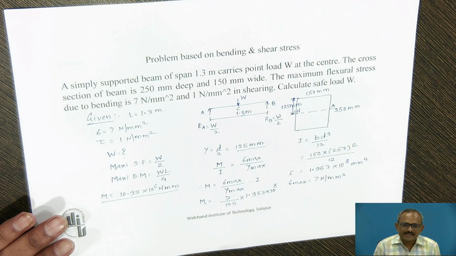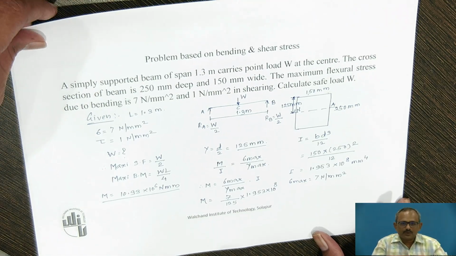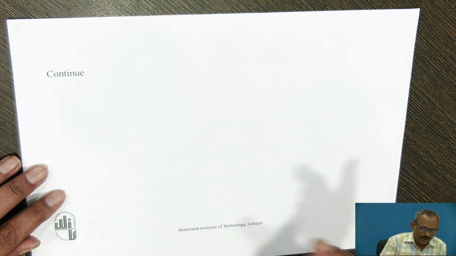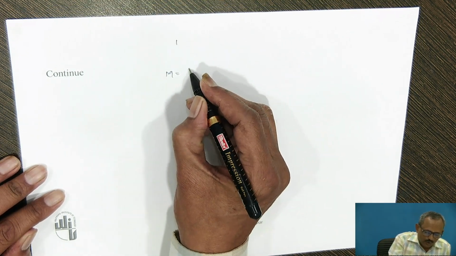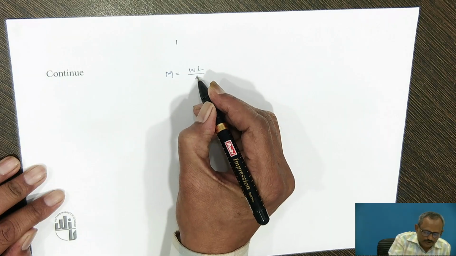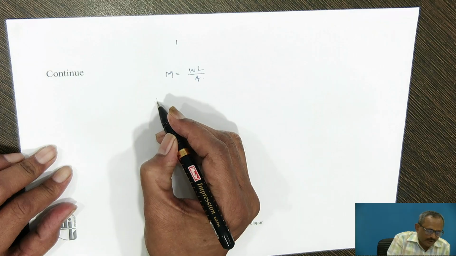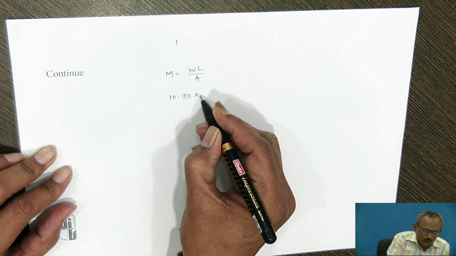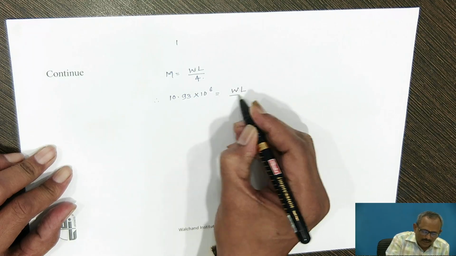Bending stresses are calculated corresponding to the maximum bending moment, and for a simply supported beam carrying a point load at the center, the maximum bending moment M is equal to WL by 4. The value of maximum bending moment we have obtained, 10.93 into 10 raised to 6, is equal to WL by 4.